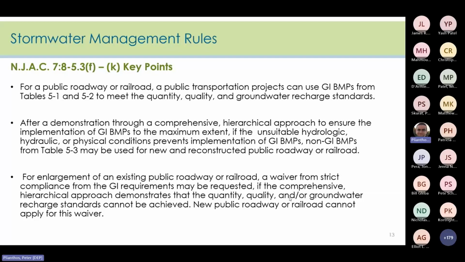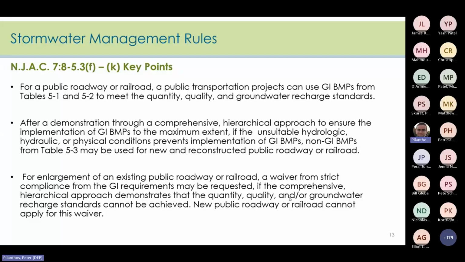There are extensive updates to NJAC 7:8 5.3 F through K. Rather than show them all here, we are just offering some key points. For a public roadway or railroad, a public transportation project can use GIBMPs from tables 5-1 and 5-2 to meet the quantity, quality, and groundwater recharge standards.